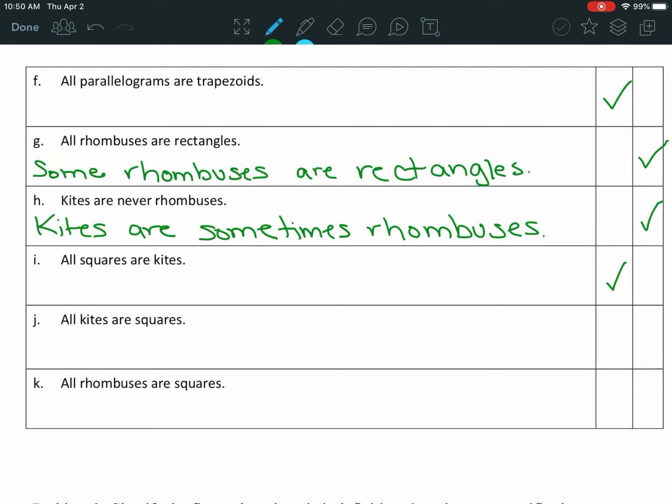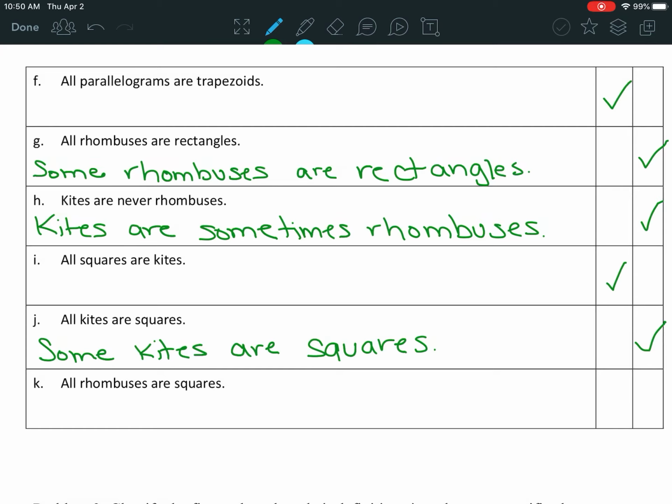J says all kites are squares. That is false. We're going to change it to some kites are squares. That's because not all kites have four equal sides. Some do. K says all rhombuses are squares.